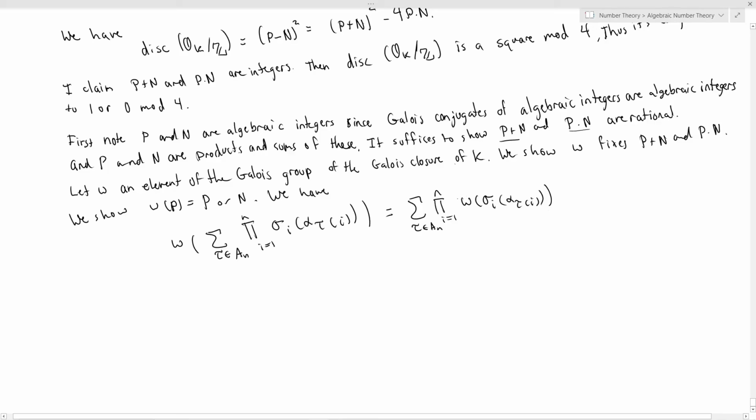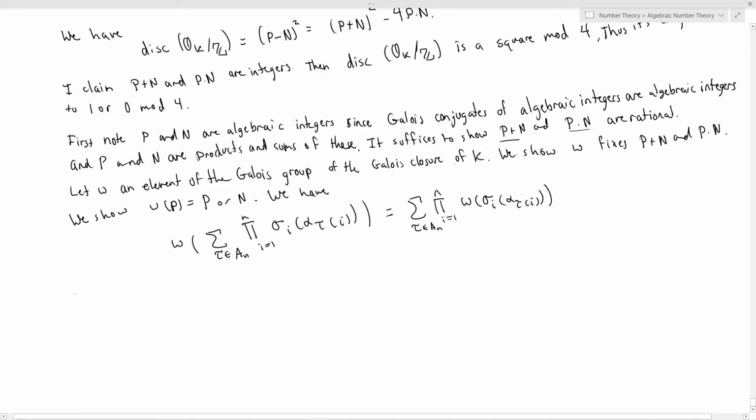Now thinking about omega of sigma_i, this essentially gives me a new embedding of K into the Galois closure, or K into C, however you want to look at it, and in fact it acts faithfully and transitively on the collection of embeddings.